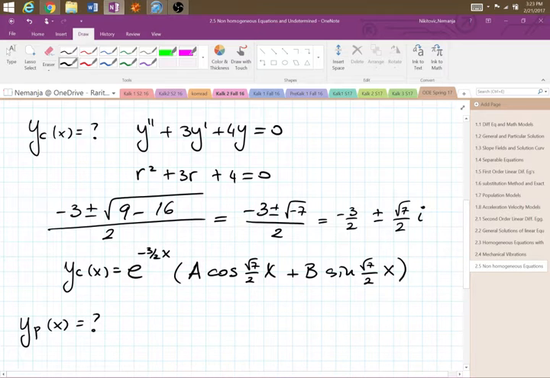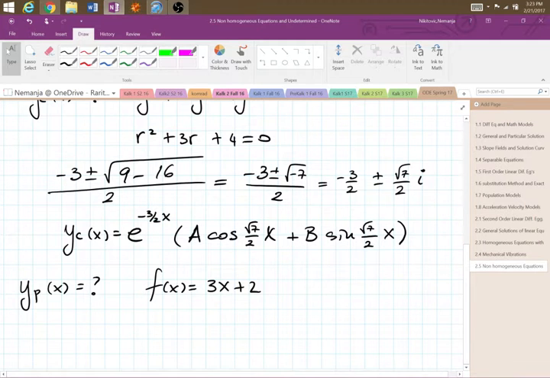We examine this f of x equals 3x plus 2, and we assume the solution in the form of an addition of all of the derivatives of this function. So how many derivatives can I have here? First derivative, second derivative, third derivative, but then they eventually become 0.